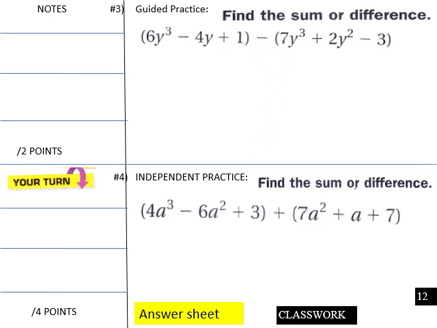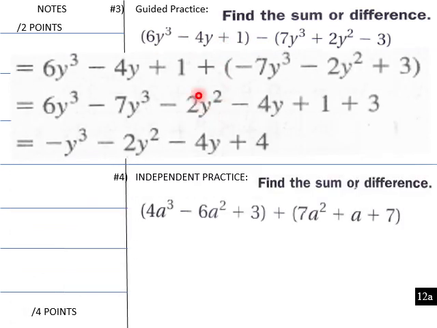So to do this one up here, first we're going to multiply through by a negative for what's inside the parentheses over here. So we have 6y cubed minus 4y plus 1 plus a negative 7y cubed minus 2y squared minus 3. And then the negative of a negative is a positive. So this becomes positive 3.